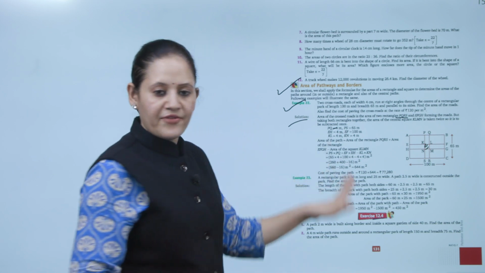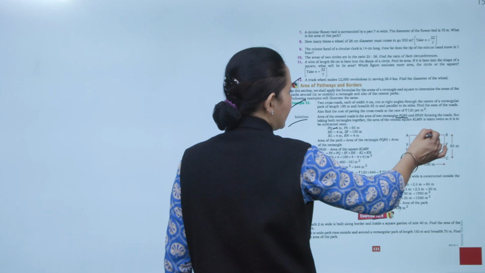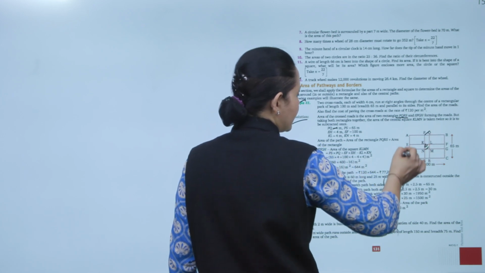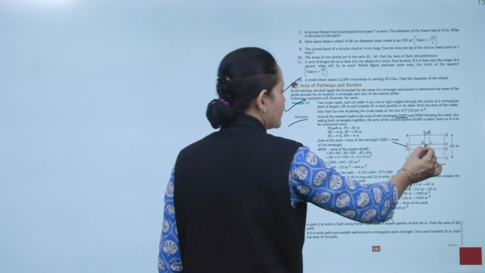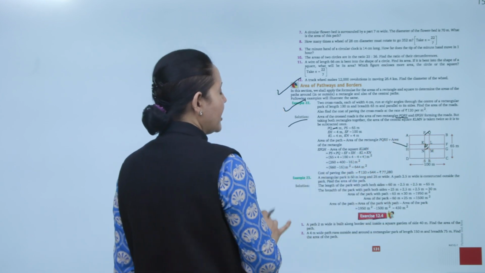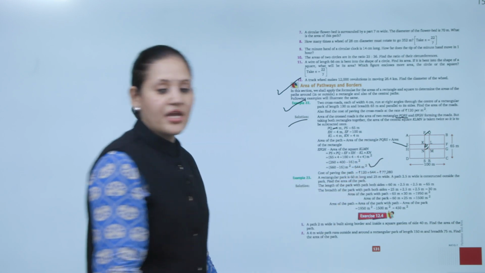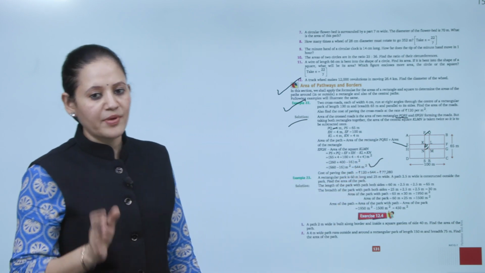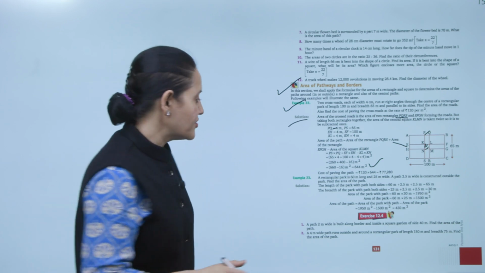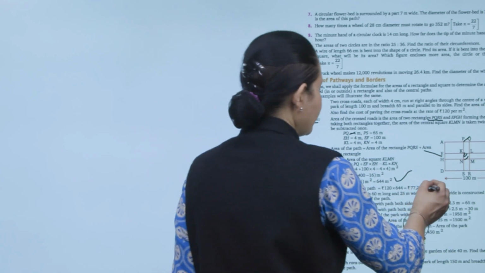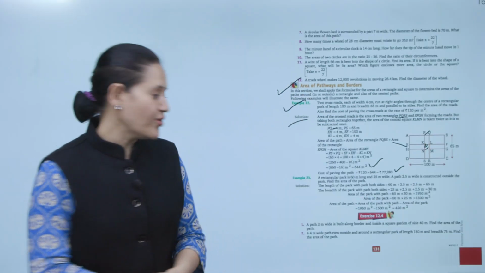So, values रखेंगे and we'll find out. We will add the areas of this rectangle and this rectangle and subtract the area of the square from it. That is the area of path, that is equals to 644 meters square. Now we have to find the cost of paving the path, that is 120 into 644, that is equals to rupees 77,280. Clear?